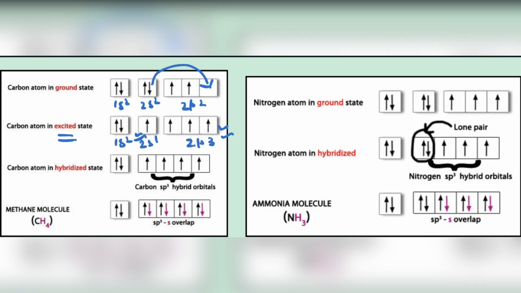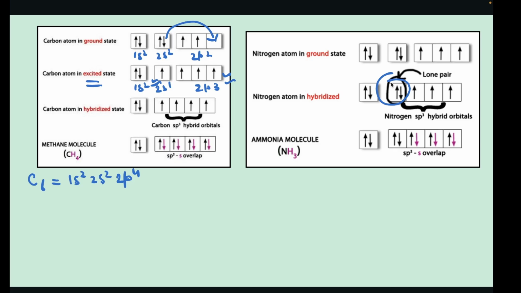In ammonia, one orbital contains a lone pair. Due to lone pair-bond pair repulsion, the bond angle reduces to 107 degrees and the geometry will be trigonal bipyramidal instead of tetrahedral. And why does it happen? We will discuss it in another video of this hybridization series.